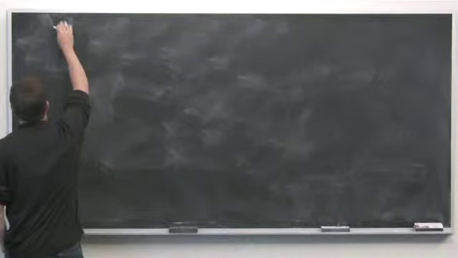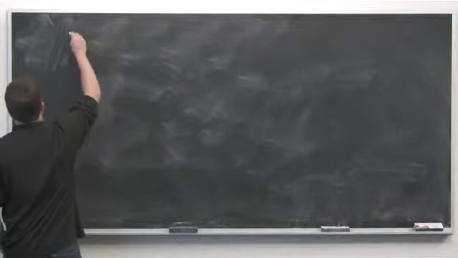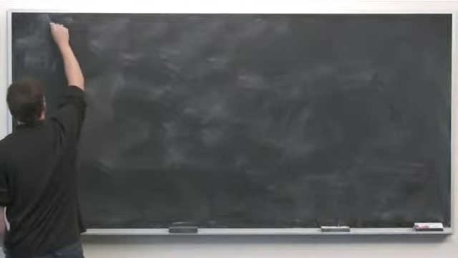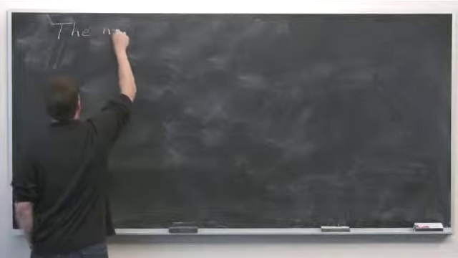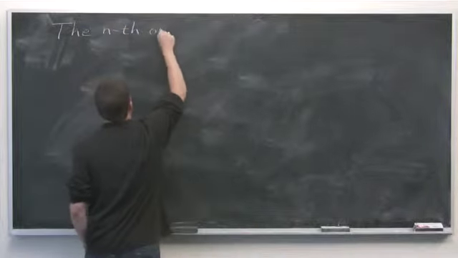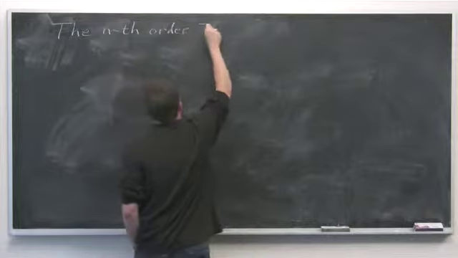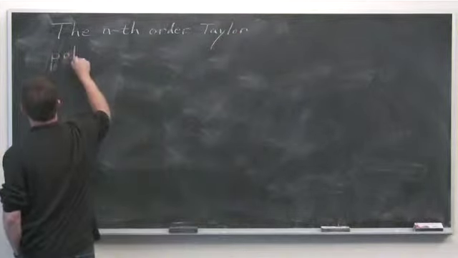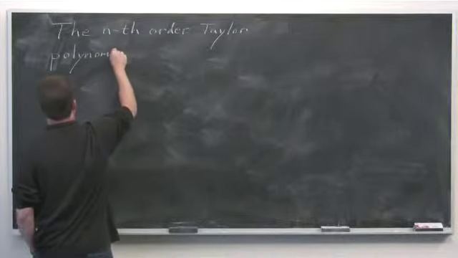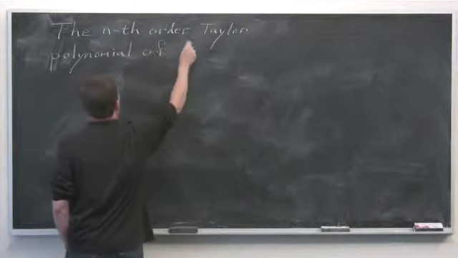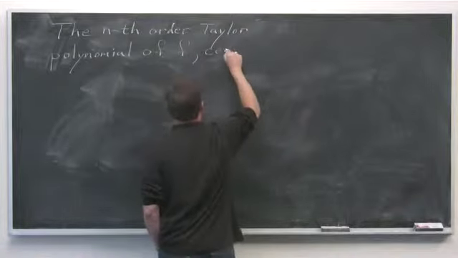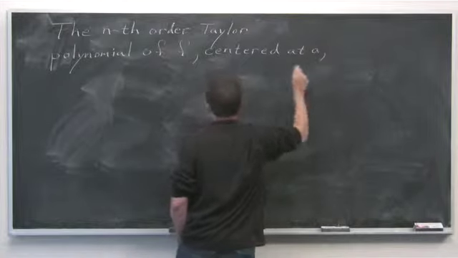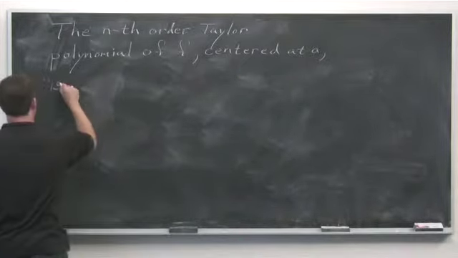All right, we give a name to this polynomial that's coming up. So what we're finding with those bk's is that the nth order, I'm going to call this the nth order Taylor polynomial of f centered at a is, the notation is a little cumbersome.